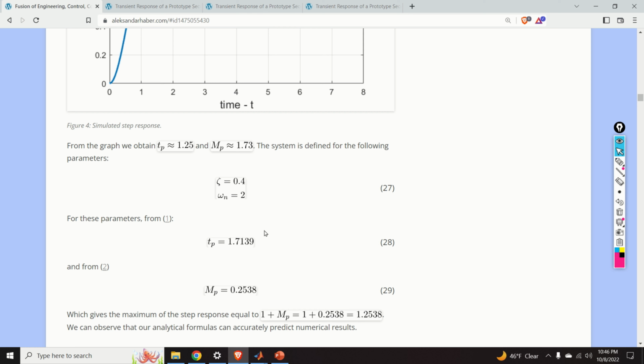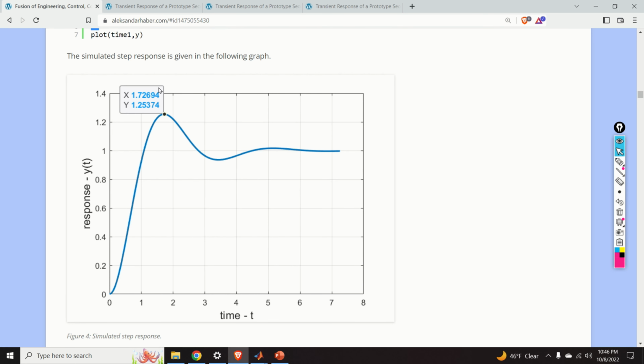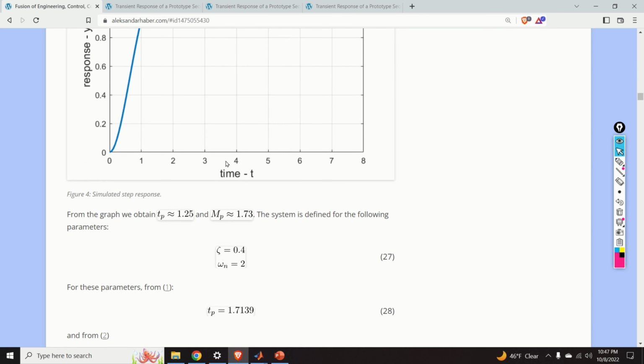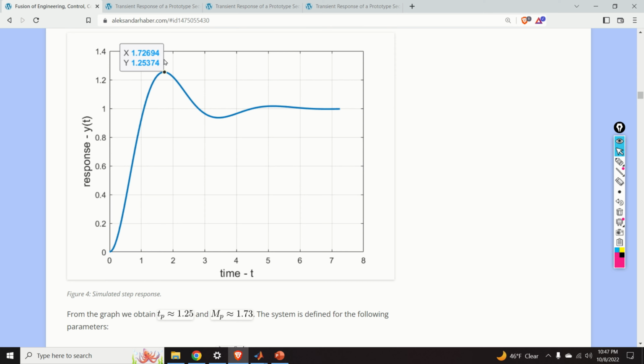Now, comparing these two values, 1.71 and 0.2538, with the values that we see over here, we can actually conclude that the analytical formulas that we have derived in this video are able to accurately predict the peak time and the maximum value of our step response. Okay, that would be all for today.